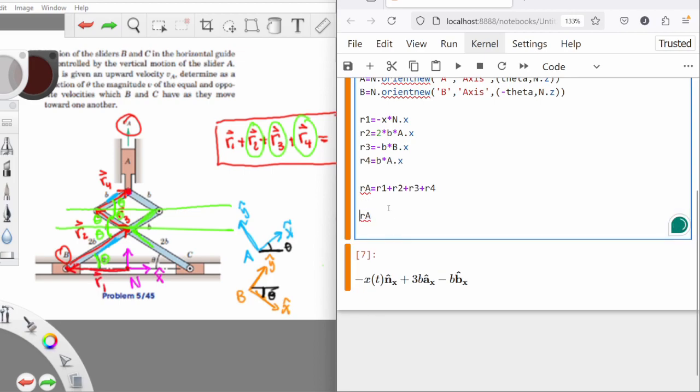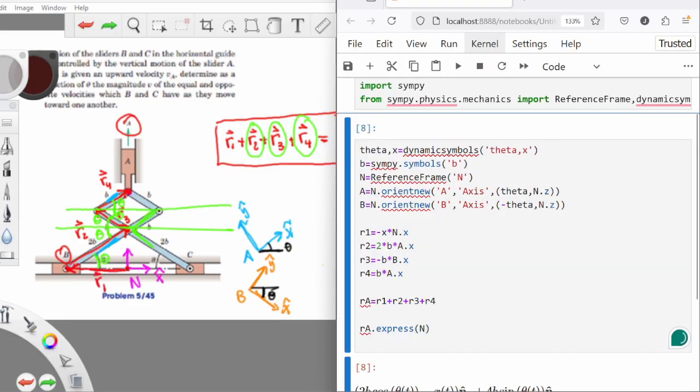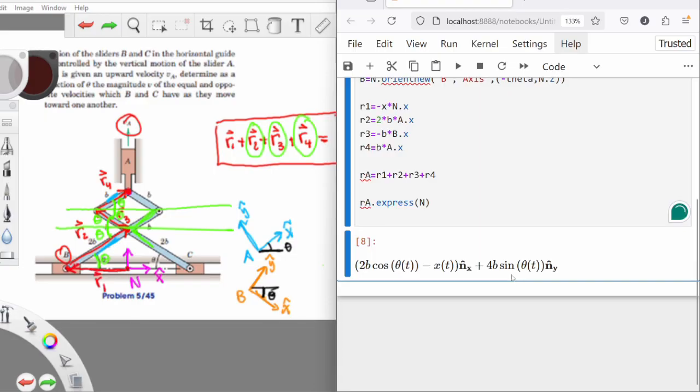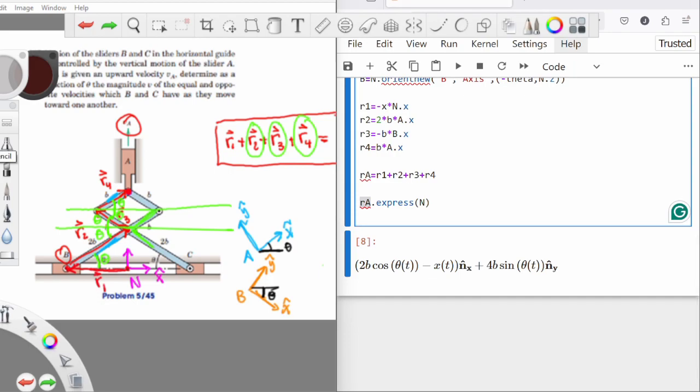Let's look at RA, expressed in the global reference frame. You see that this gives us a relation between x and theta on the x-axis and an expression of theta in the y-axis. Remember that RA corresponds to the vector that goes from the origin to the point A, meaning that we are creating this vector as RA.